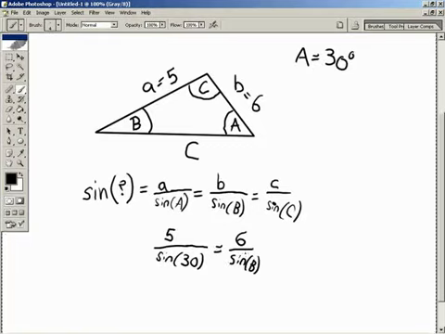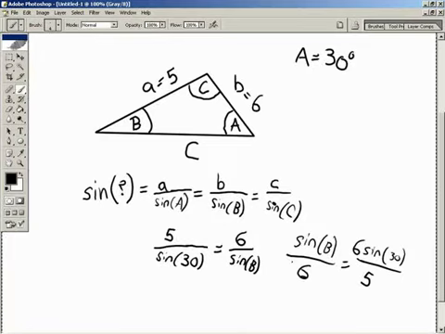So, now we wanted to isolate sine B, because that's what we don't know. Well, that's quite simple. What you do is you say, well, sine B divided by 6, you're flipping both fractions, as a 6, is equal to sine 30 divided by 5. Then you multiply both sides by 6. You have a 6 there, a 6 here now.